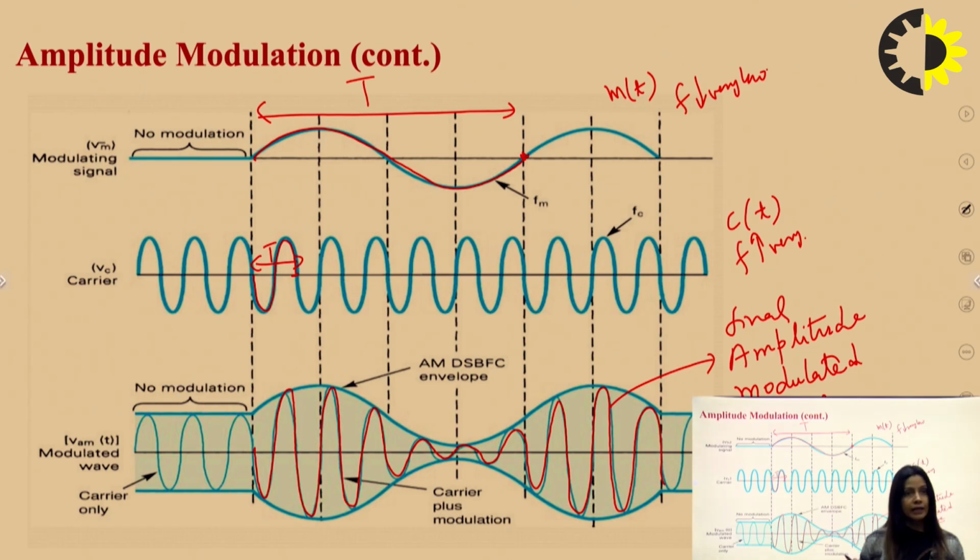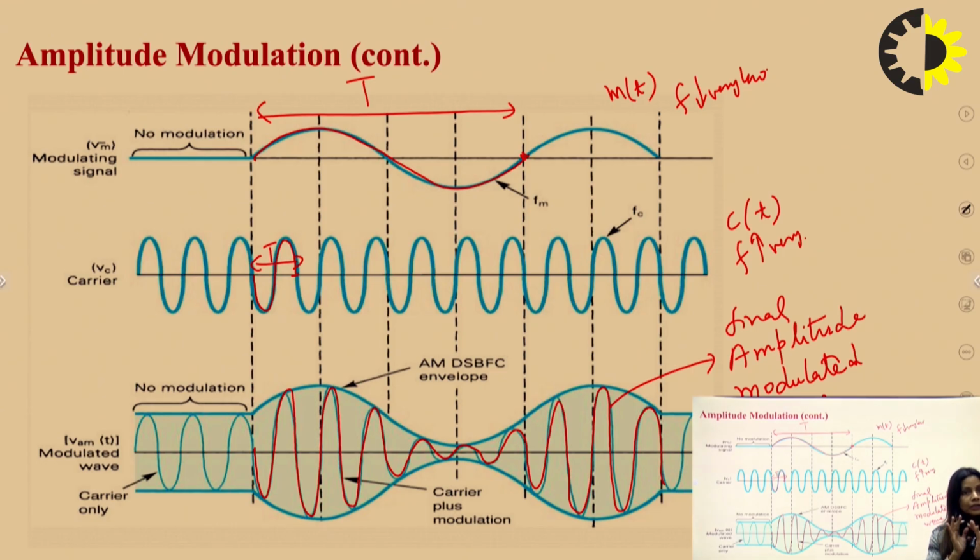Now I can transmit it to higher distances, because this wave has a very high frequency, and it is also following the message signal. What is it carrying? My information, the information of the message signal, because it is following the amplitude of my message signal, and it also has a very high frequency component, so that it can be transmitted to higher distances.